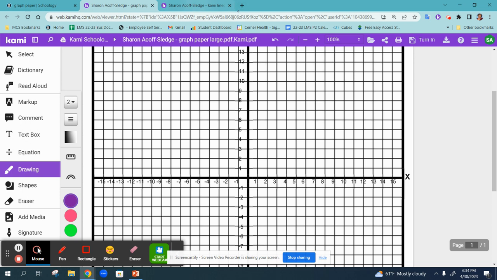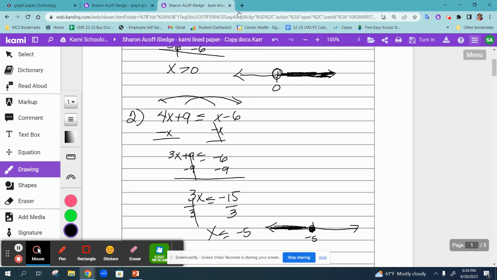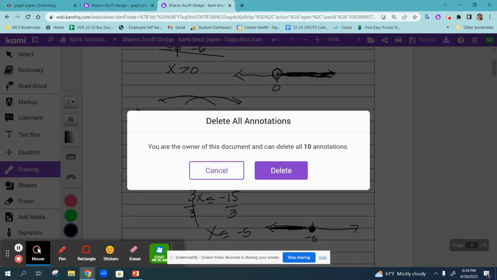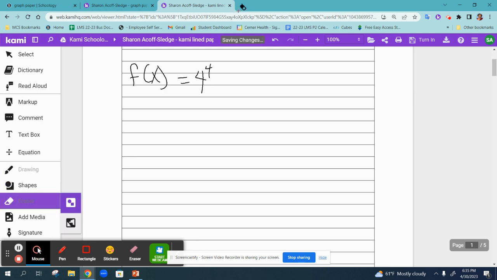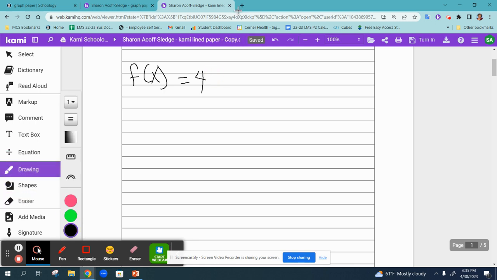Okay, the last two are solving exponential functions. So this is 4 to the x minus 2 to the x.